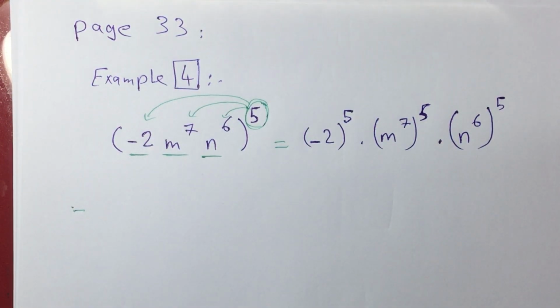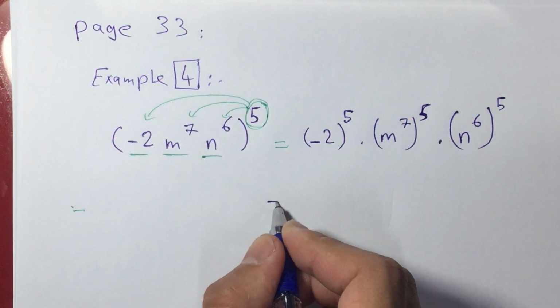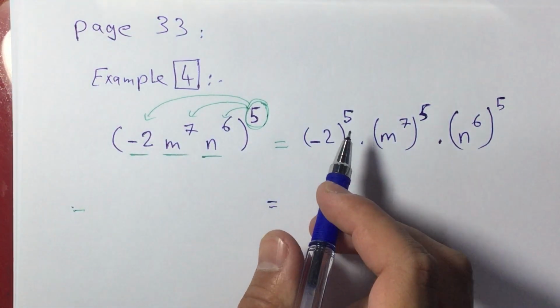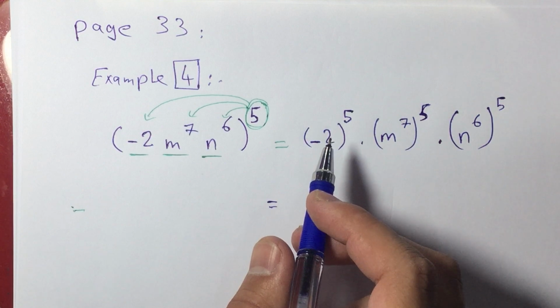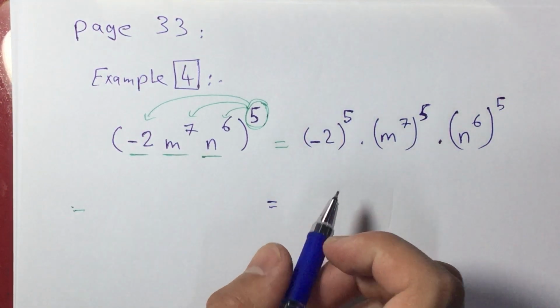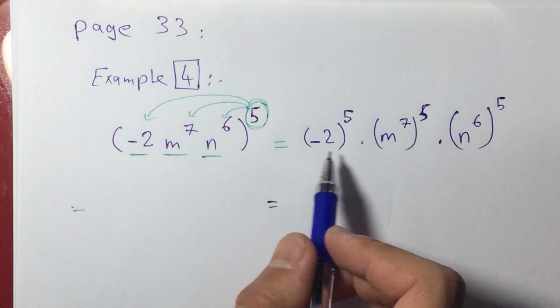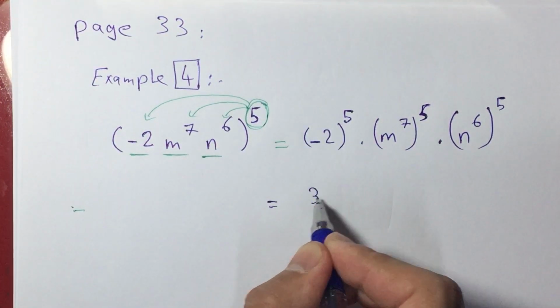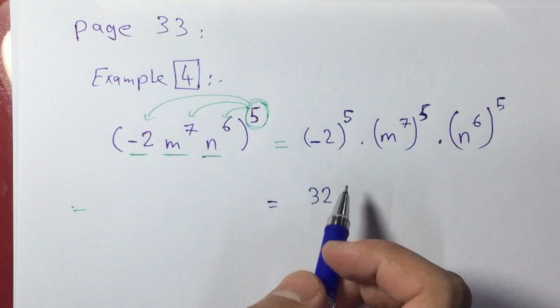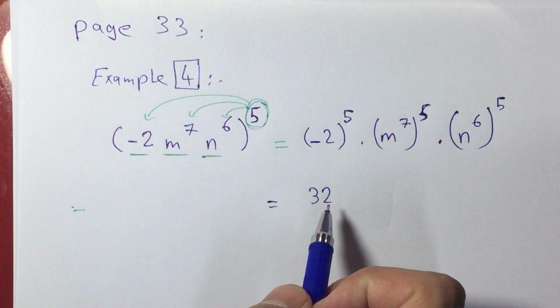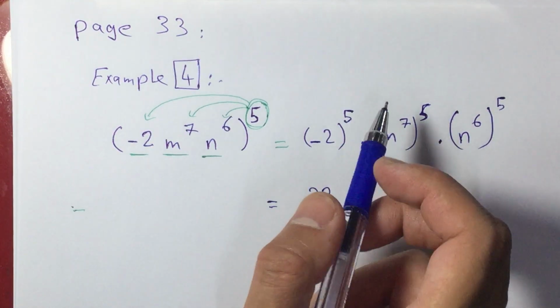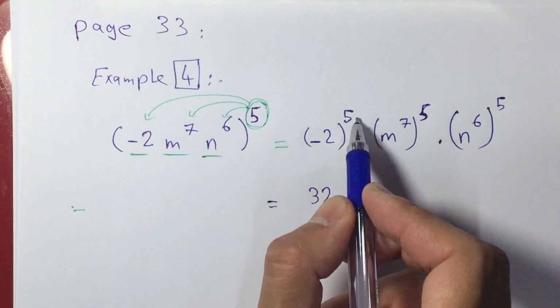Okay, so we can simplify that by saying -2 to the 5th power. How much is that? We can simply multiply -2 5 times, which will give us 32. But will it be negative or positive? Okay, we look at the exponents here.